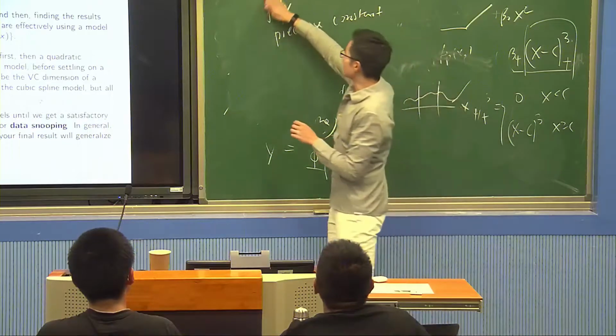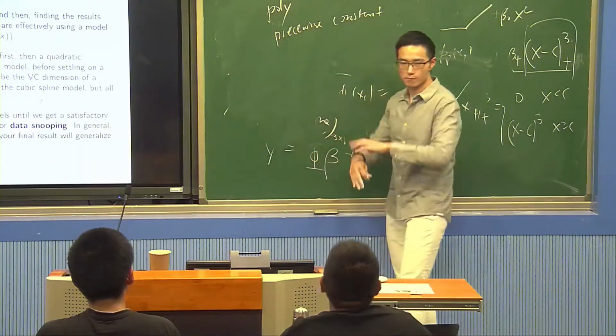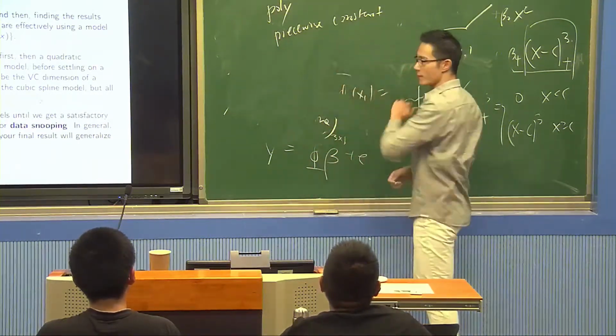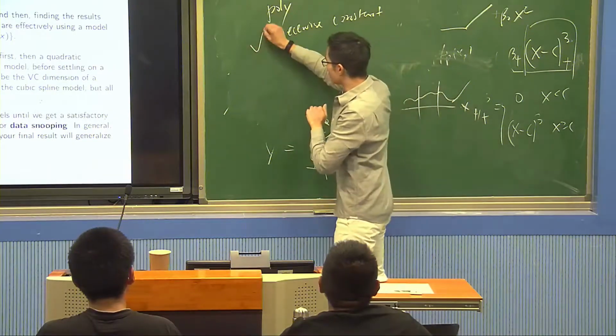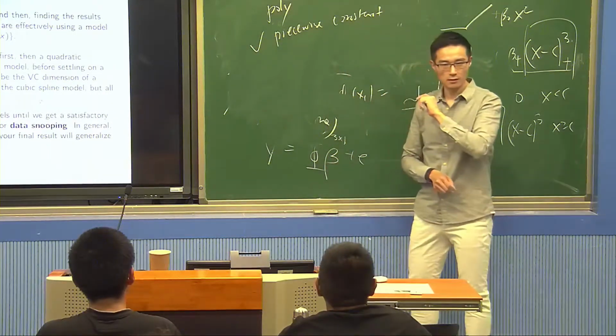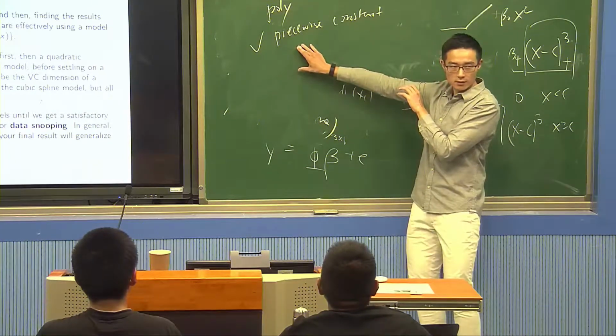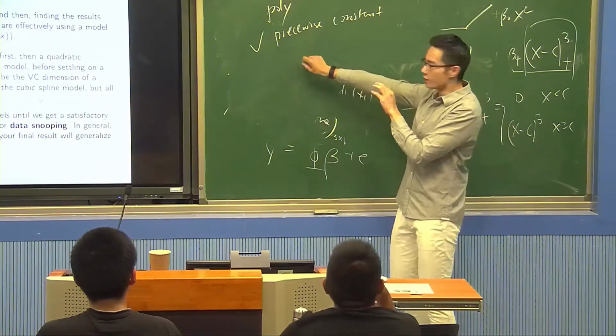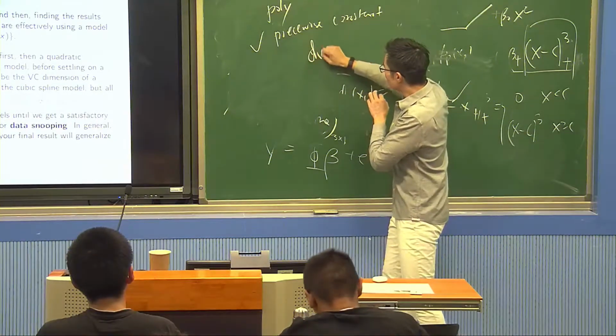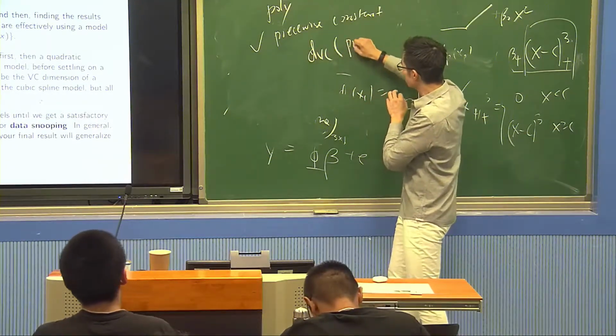Let's forget about linear. And then he says, okay, I'm satisfied with this, let me pick this as my final model. The question is, what is the generalization performance of this model? What is the VC dimension? Is it the VC dimension of the piecewise constant?